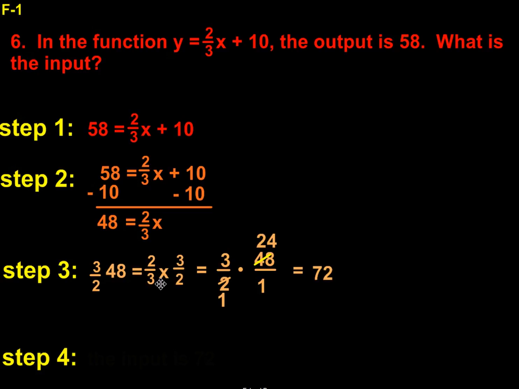So it isolates x by itself. And over here, I'm going to multiply 3/2 by 48. So I have 3/2 times 48. These cross out. So my 2 becomes a 1, my 48 becomes a 24, and 3 times 24 is 72. And so the input is 72.